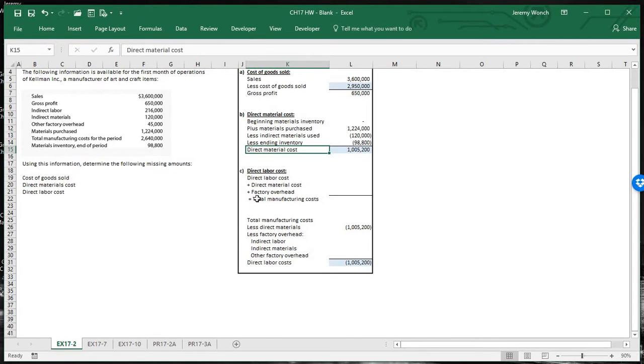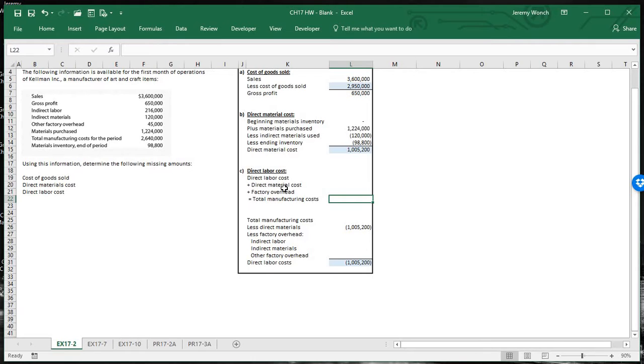If we know the total direct material cost, the total factory overhead, and the total direct labor cost, we'll know the total manufacturing cost. So if we rearrange this formula to solve for the direct labor cost, we can figure this out.